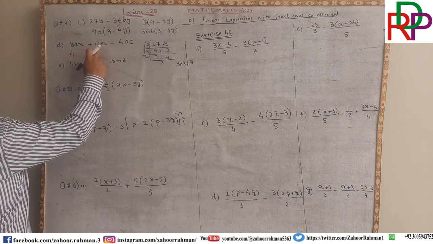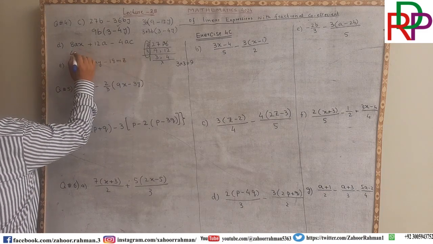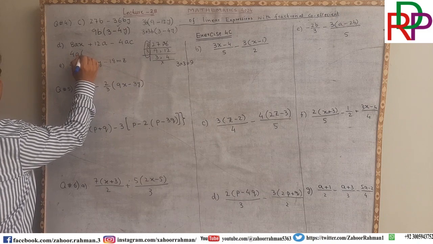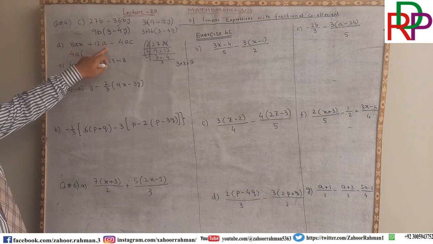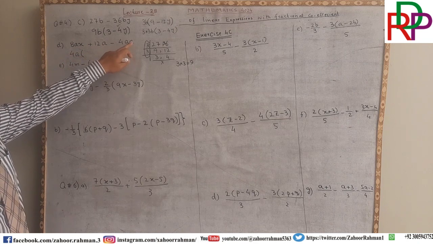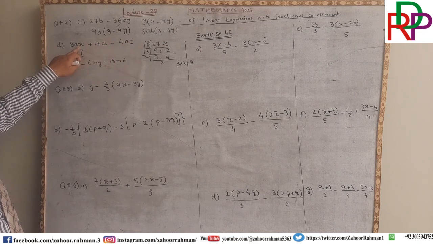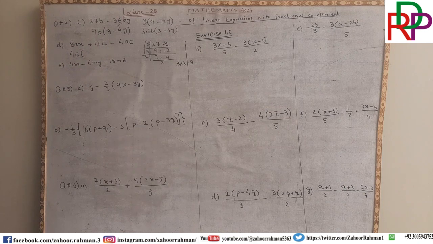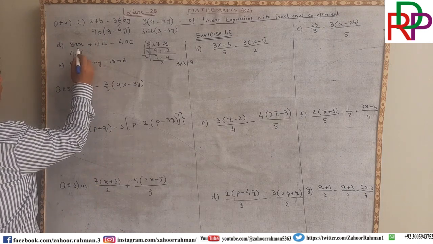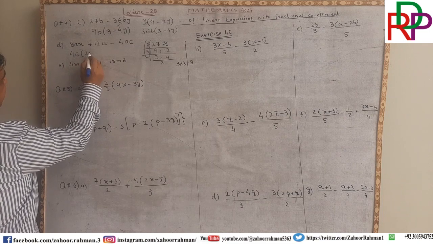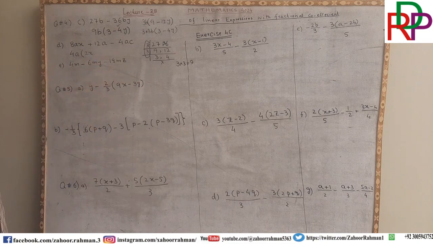A is here, A is here, A is here. So you have to take that as a common one. X is here, but no X is here, and no X is here. C is here, but no C is in the other terms. So when 4 twos are 8, so 2 and X will remain.